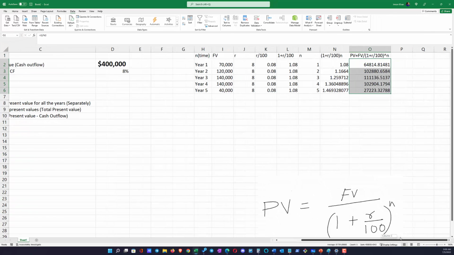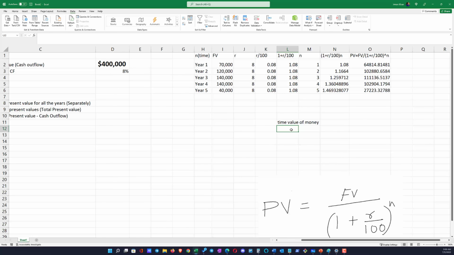Now I was talking about time value of money, right? So I'll tell you one important concept. The dollar that you have in your pocket or in your wallet or in your purse today is worth more than the same dollar that you would have in your purse or wallet or pocket tomorrow. Why is that? You might be thinking it's the same dollar that you carry, but in reality, that dollar is losing value.